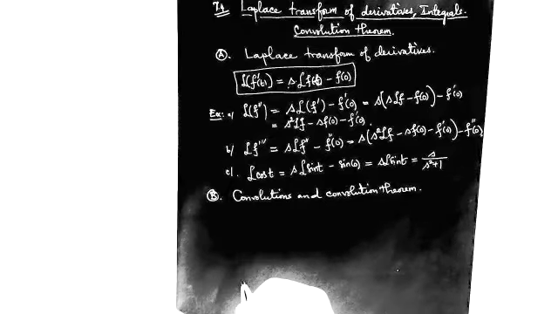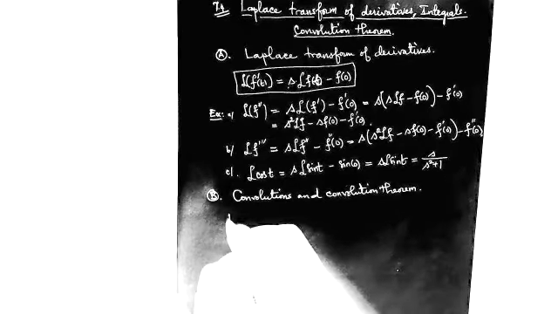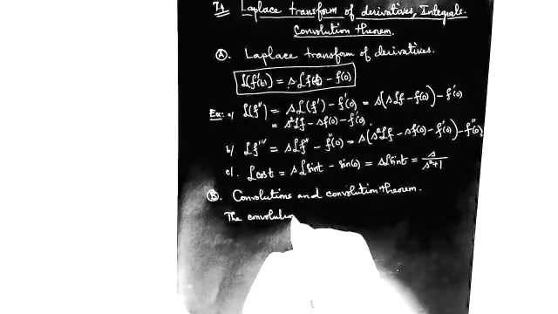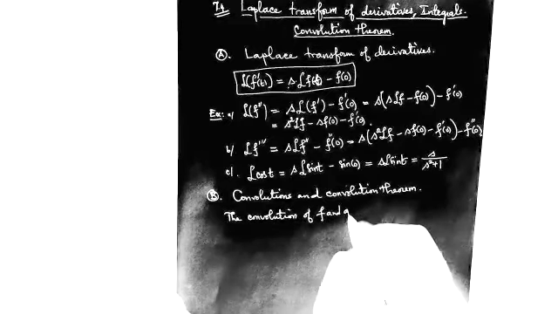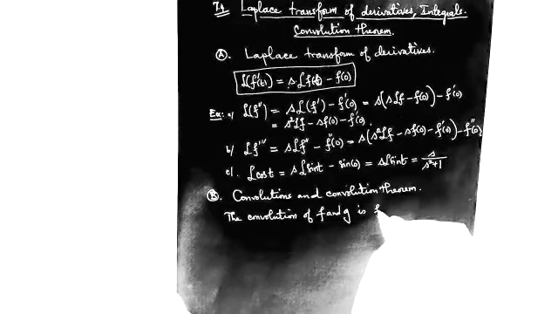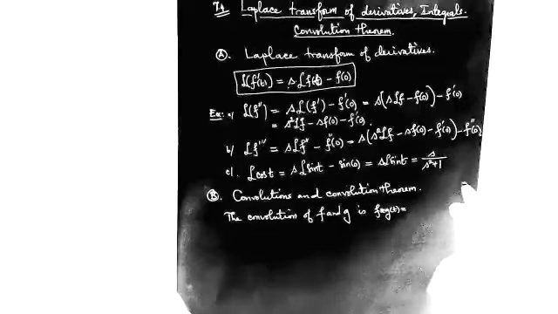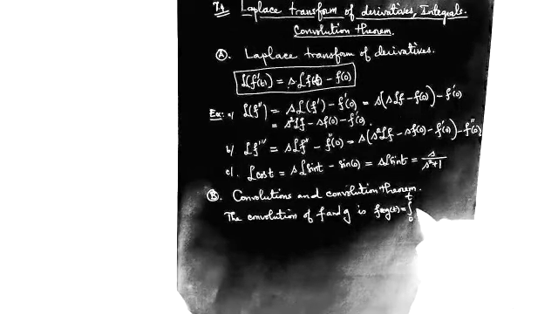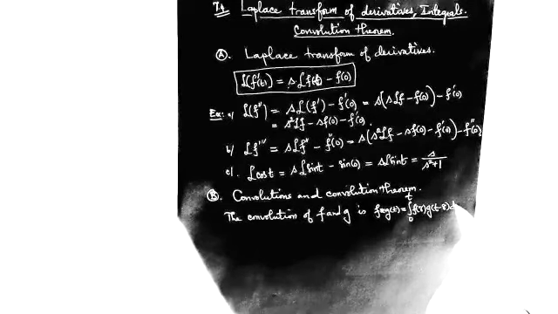So the definition of a convolution: the convolution of f and g is f star g of t equals the integral from 0 to t of f of tau g of t minus tau d tau.